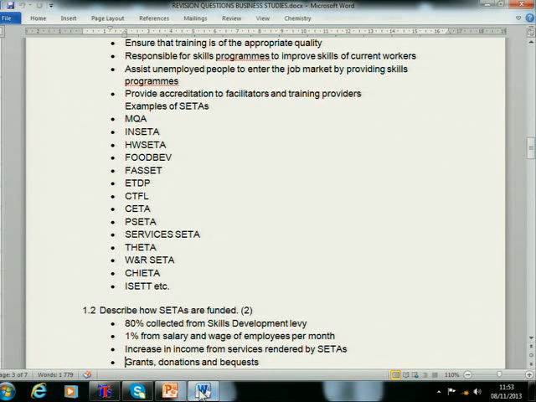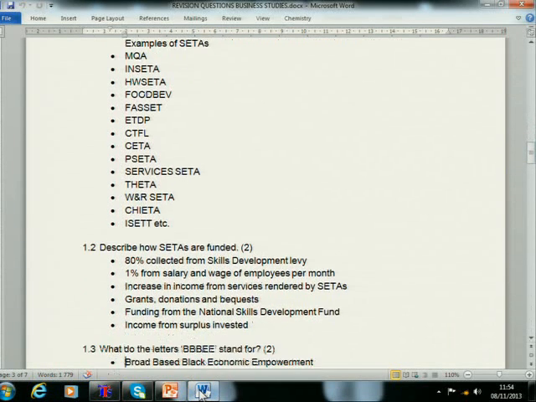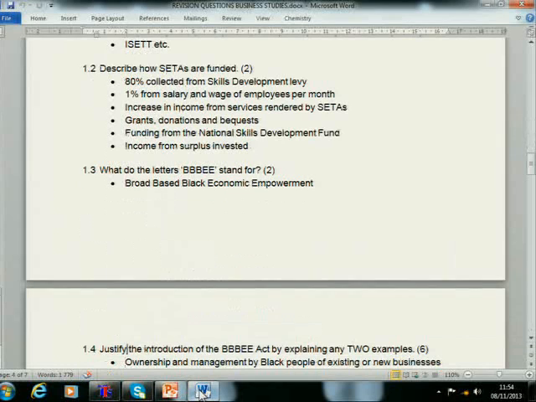The second question on CETAs, just an example of how they may ask these questions: describe how CETAs are funded. 80% is collected from the skills development levy, 1% from salaries and wages of employees per month.